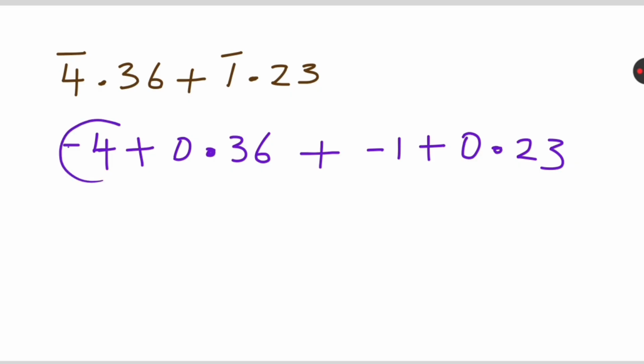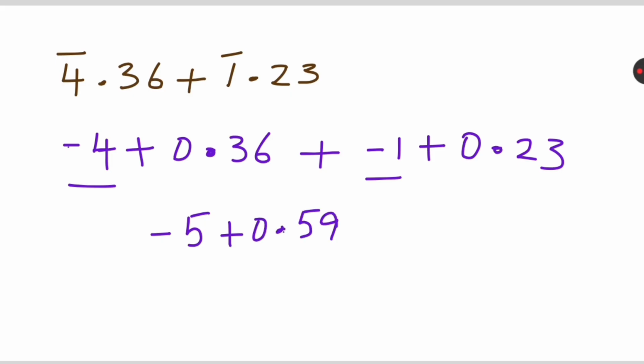Here -4 and -1 are whole numbers and 0.36, 0.23 are decimal numbers. So let's add separately. -4 -1 gives -5, plus 0.36 and 0.23 gives 0.59. So we can write this as 5 bar 0.59.